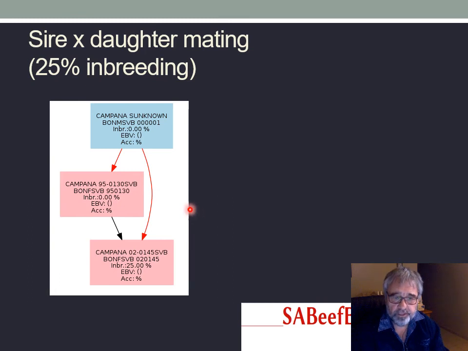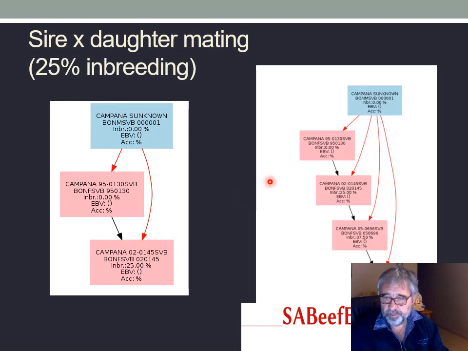Sire-daughter matings, you can see you end up with a 25% inbreeding, the same sire, basically, of the dam and this specific calf. You get very bad types of inbreeding. This female ended up to be 43% inbred.